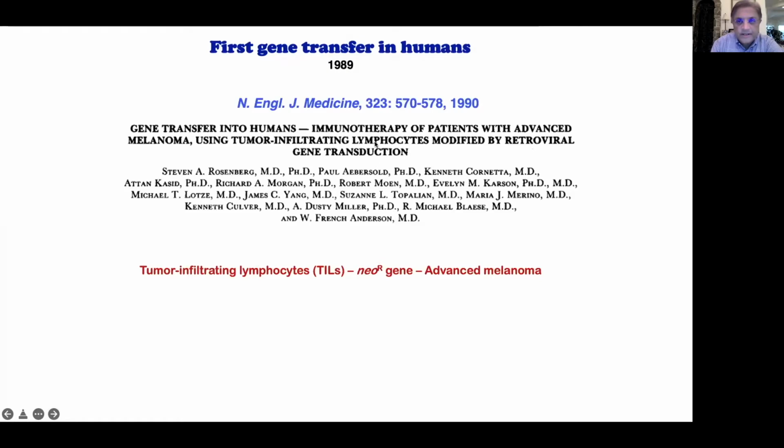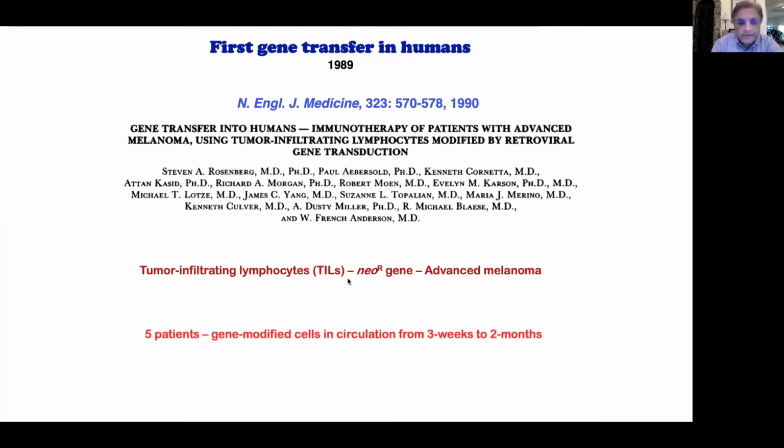So this was not really gene therapy, this was gene transfer. So this obviously has no therapeutic value. So they took these tumor-infiltrating lymphocytes, infected them with the retrovirus carrying this neomycin gene, and then reinfused them into patients who had advanced melanoma or skin cancer.